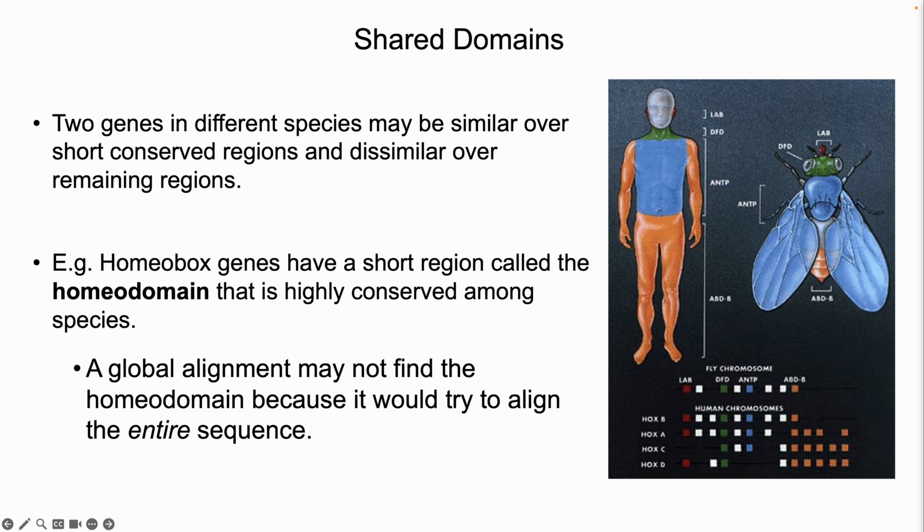They contain a DNA binding domain that is conserved across basically all animals. But if you try to align the genes, they have diverged a ton. You can only identify them by the DNA binding domain.